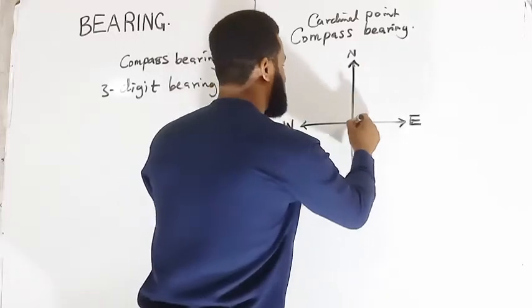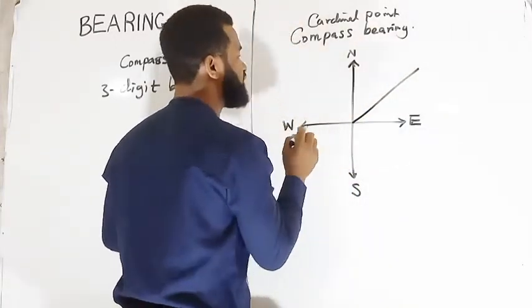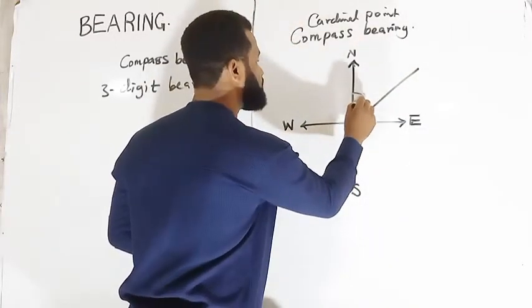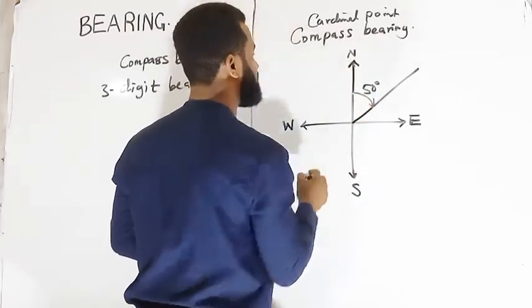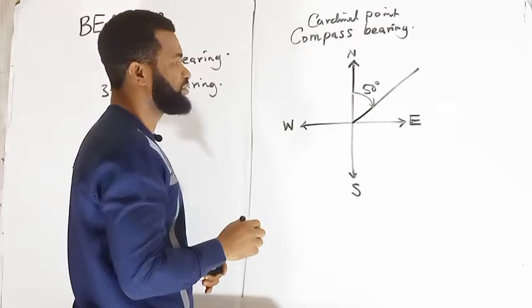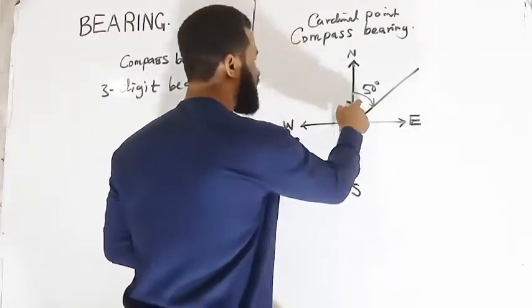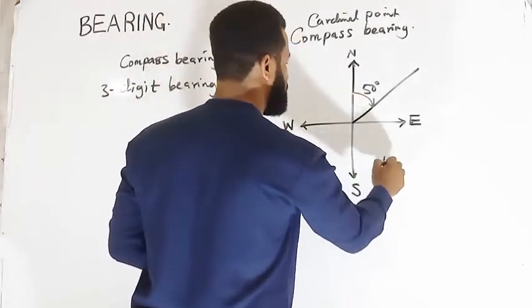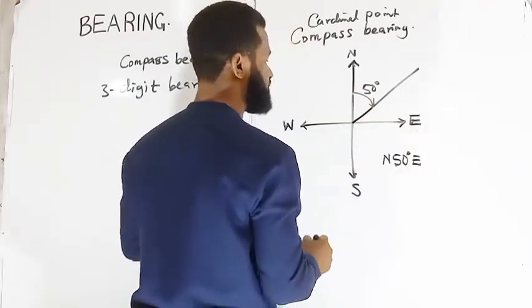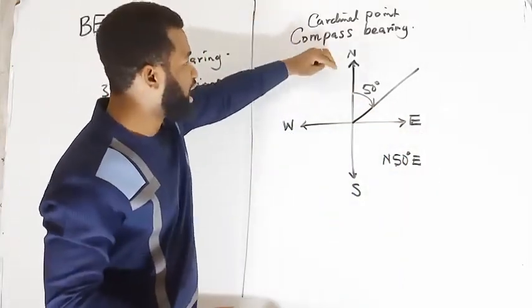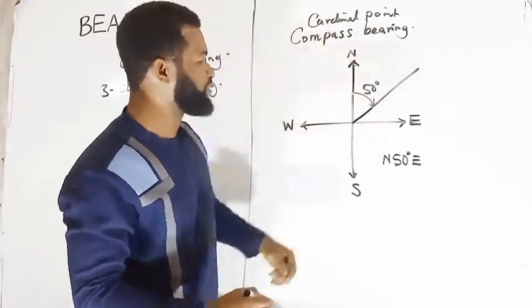For example, if I take this direction, and this direction is definitely going to be from the north going down, I say 50 degrees. Therefore, this angle, which is this 50, is going to be north 50 degrees east. All right? Because I started from the north and moved this way.